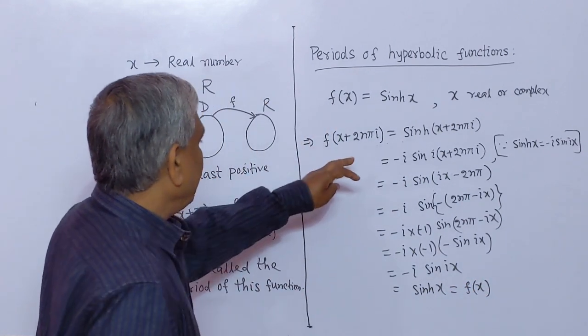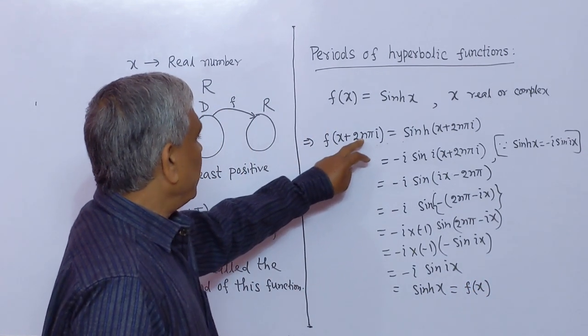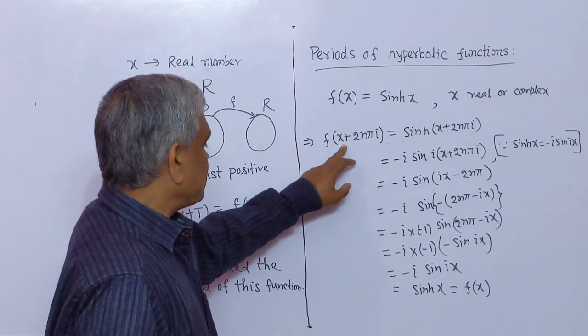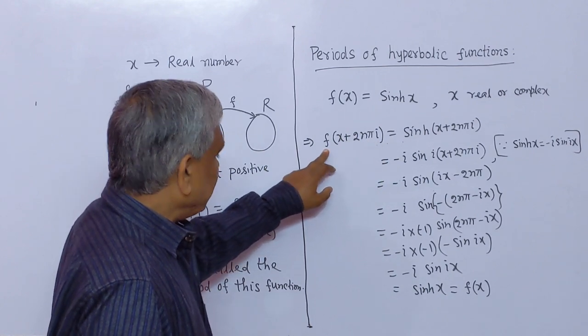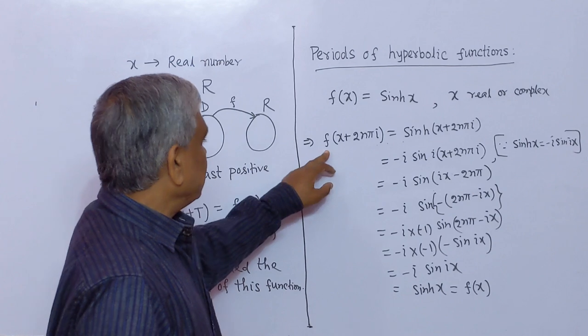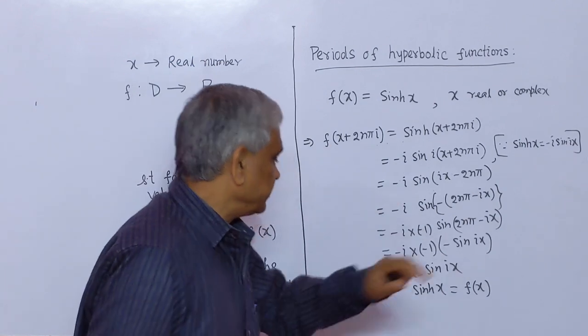So here if we add 2n pi i with x, we get that the functional value repeats.